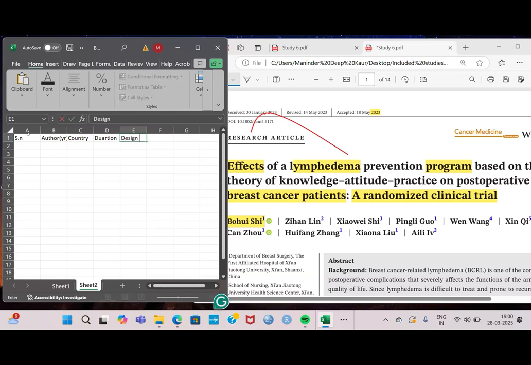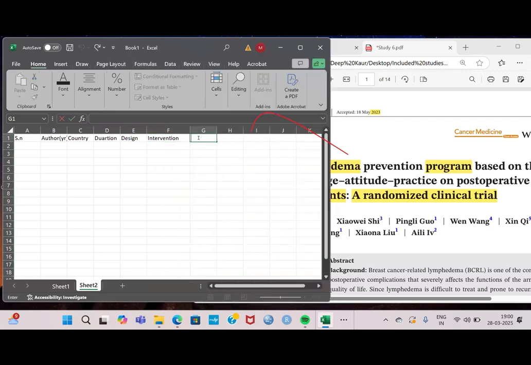Because this is a randomized trial, we need to enter the intervention also. Because this is a randomized control trial, again we have to enter the comparator group also. Control group: what kind of intervention the control group has received. Next is the sample size. So I will write down capital N, that denotes the sample size.